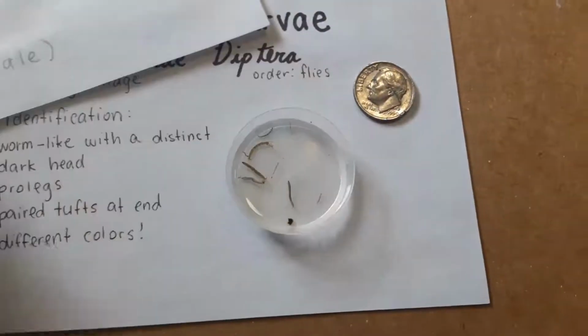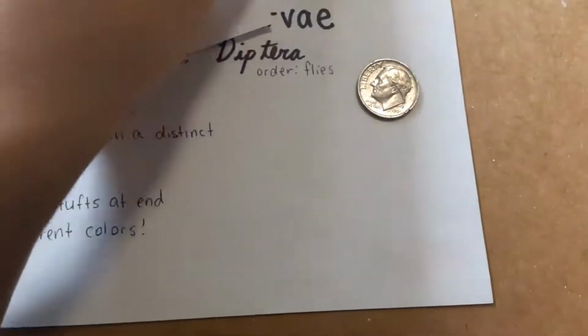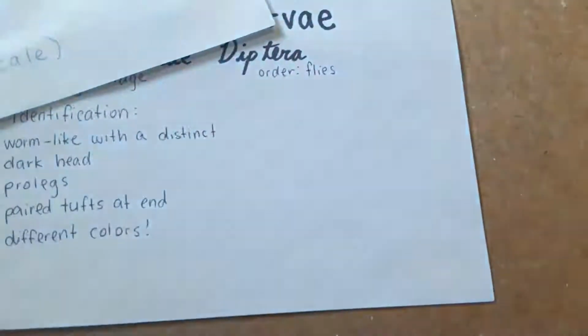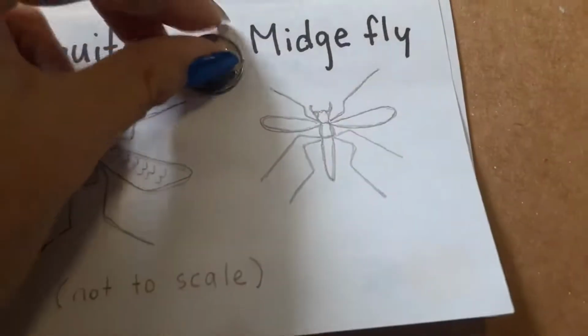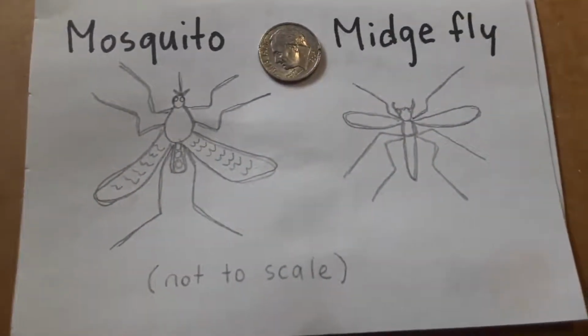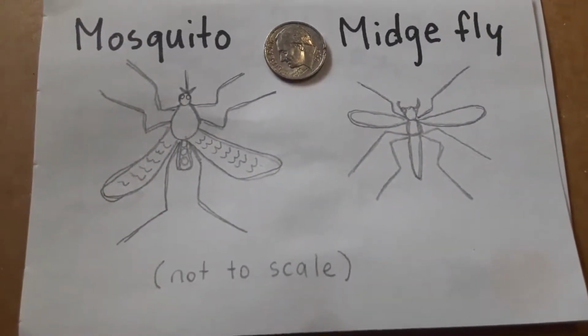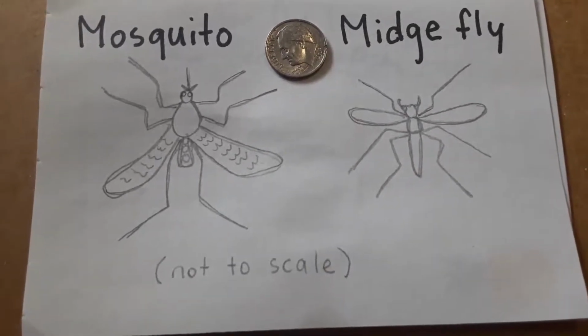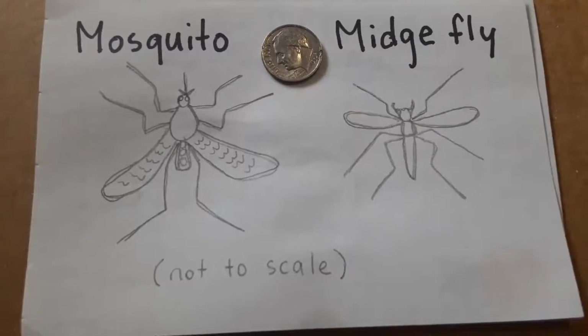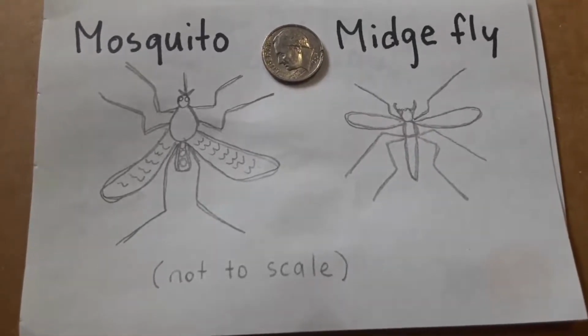So if we take that dime back, sorry for covering them over earlier, their adult forms are typically smaller than the American dime. As opposed to mosquitoes, they could be about the same size of a dime, if not bigger sometimes, depending on their environment.